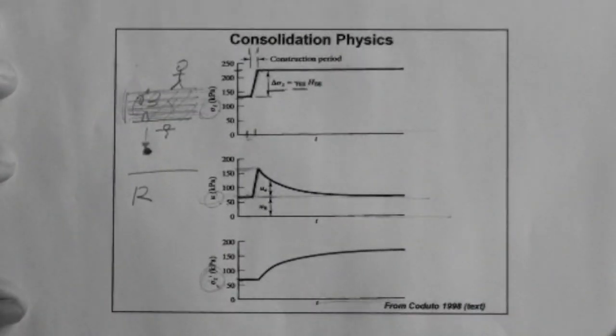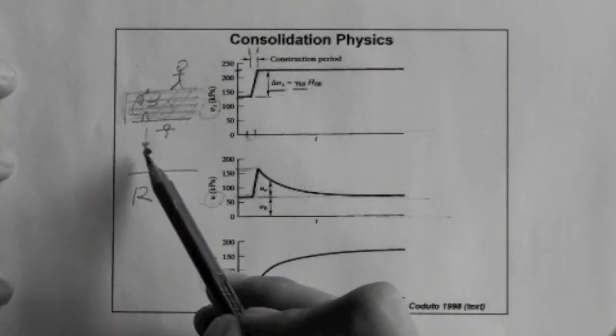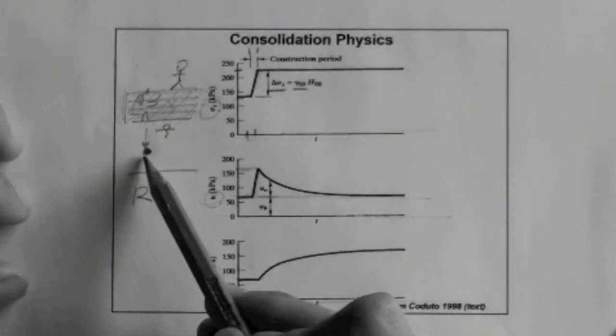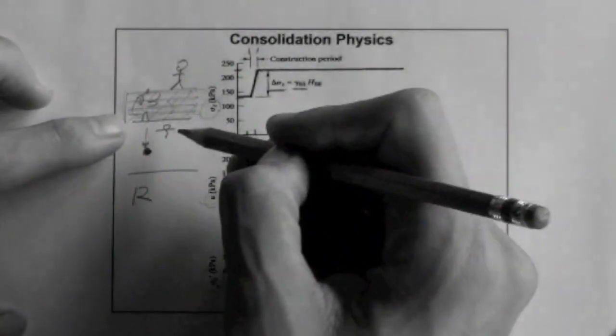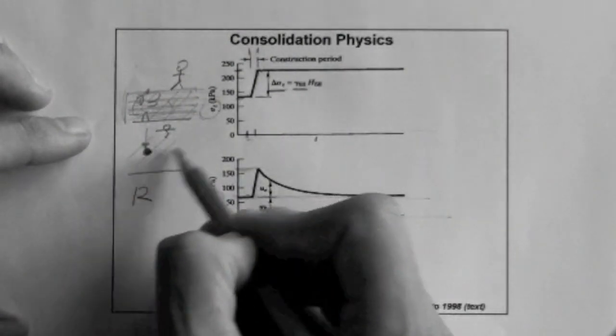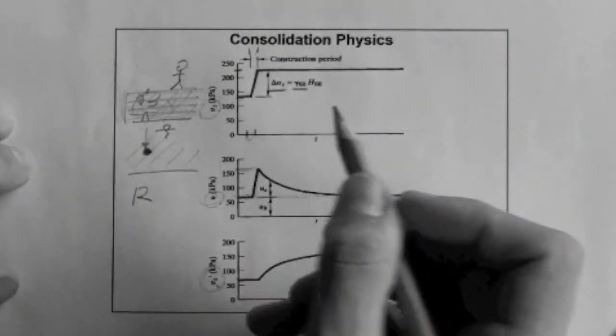We're standing there, and there's no more construction going on. So the water now has time, let's say, to escape the voids, and the soil compresses, all this soil squeezes as the water escapes. Okay?